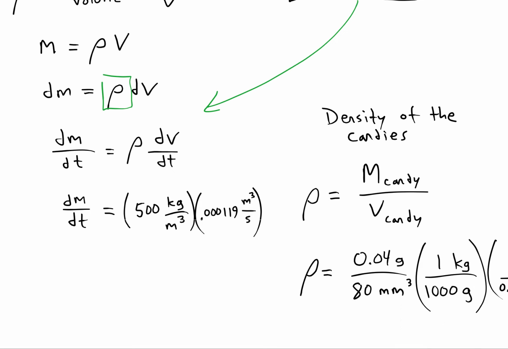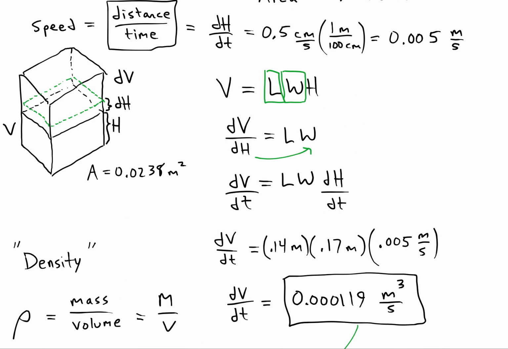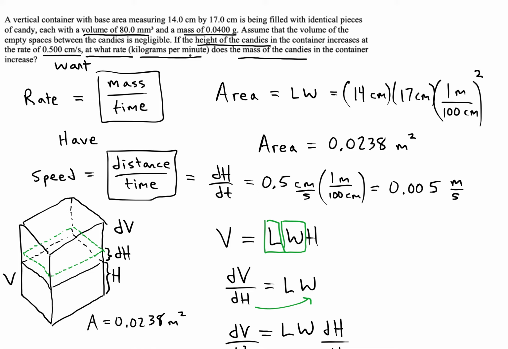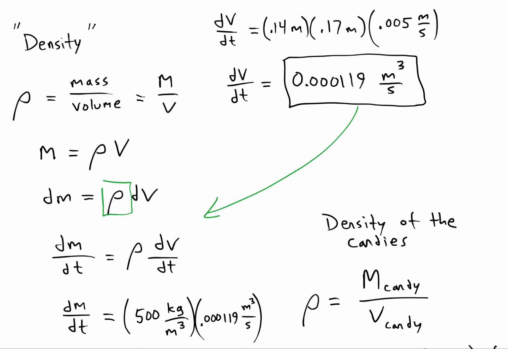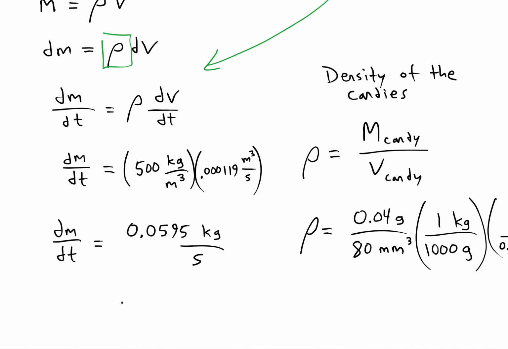Alright, so this is going to give us kilograms per second, which actually is a unit that we like in most circumstances. However, they do ask it in kilograms per minute for whatever reason. So we'll just do one more conversion. Get the units that they ask for.